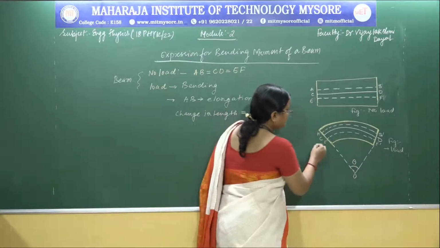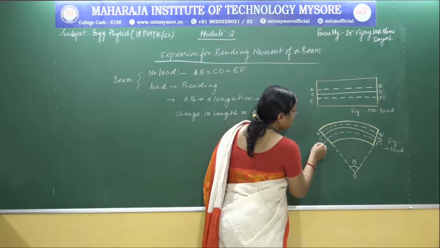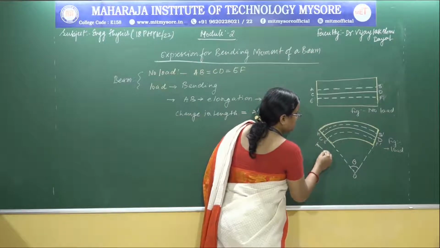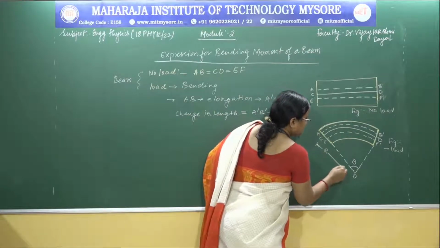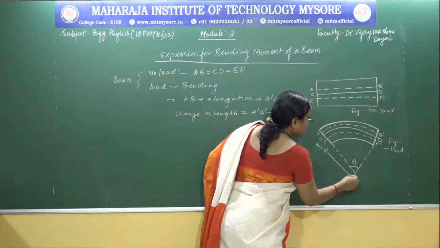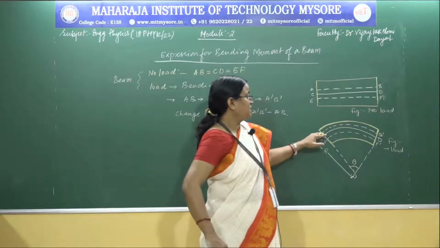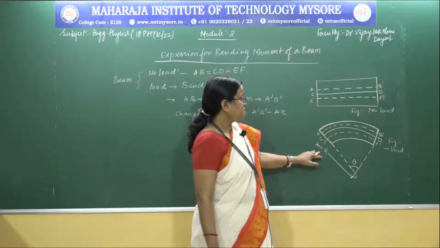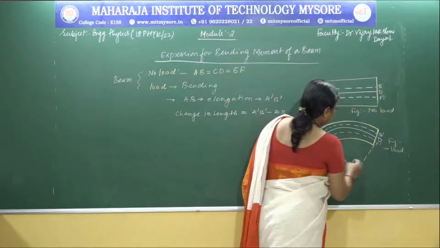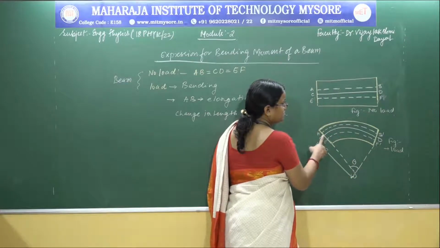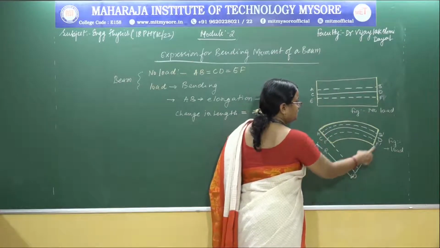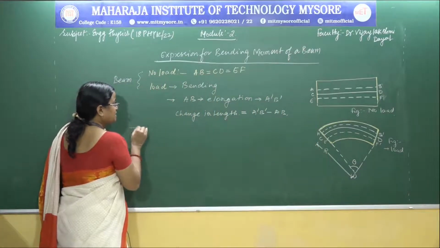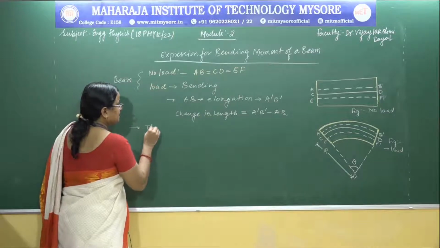Taking the reference layer as the neutral axis, meaning the filament CD, we say that the radius from this filament CD, the neutral axis, is R. And similarly, as the length OC is equal to R, the length OD will also be equal to R.